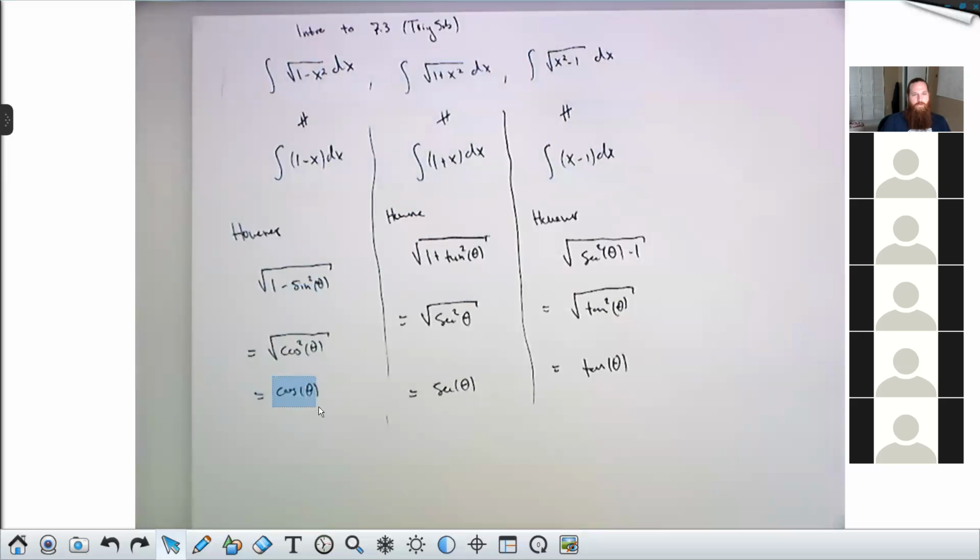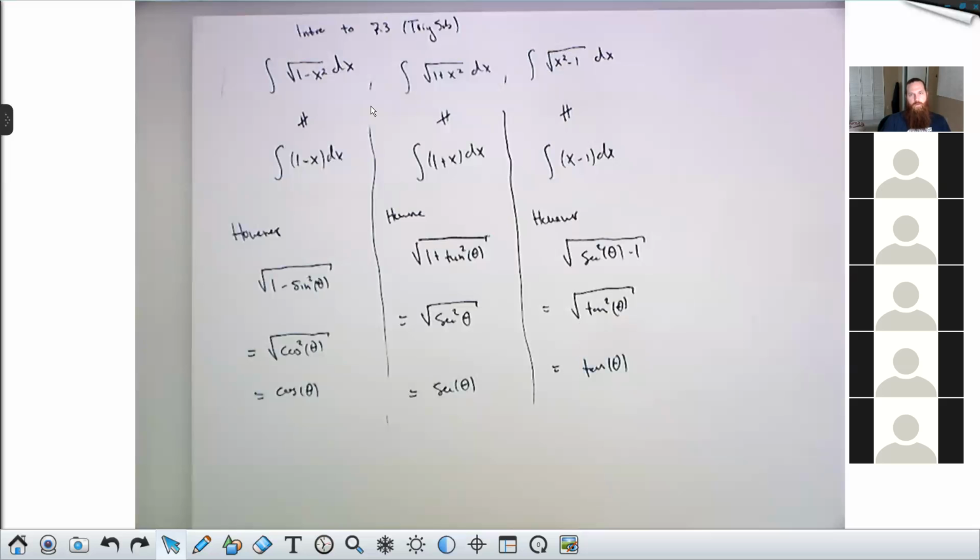This would become the integral of cos theta. If in this integral I was to substitute x equals tangent theta, then this integral would become the integral of secant theta. And here, if I were to substitute x equals secant theta, then I would end up with the integral of tangent theta.